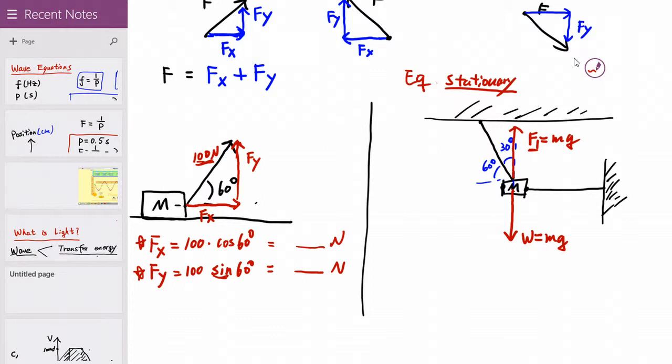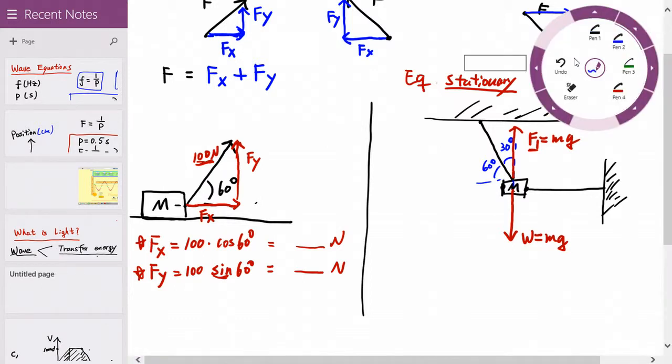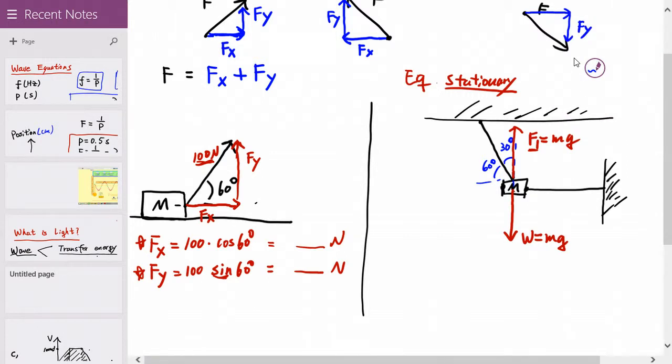Now, have a look at the rope. The force the rope applies to the mass should be in this direction.